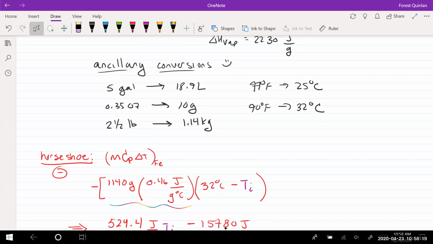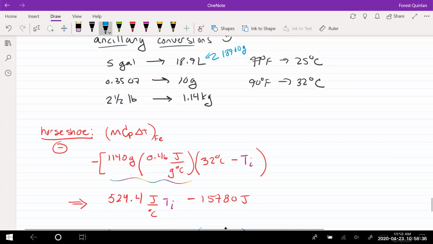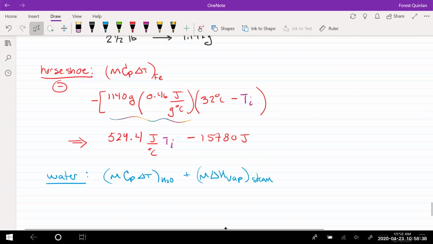You wanted to know how much 5 gallons was, and I told you 18.9 liters. So what does that tell you it is? It's 18,900 grams. That's right. Also, I got a different number when I multiplied 524.4 by 32. It's 16,780. Thank you.